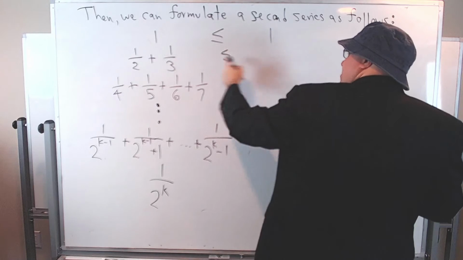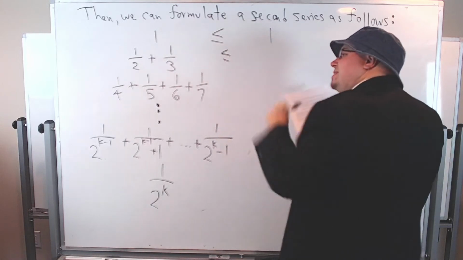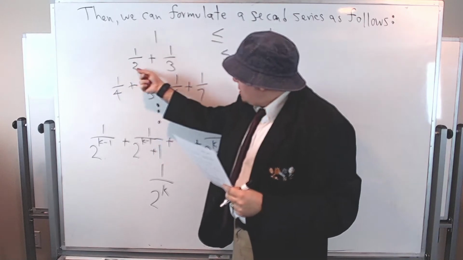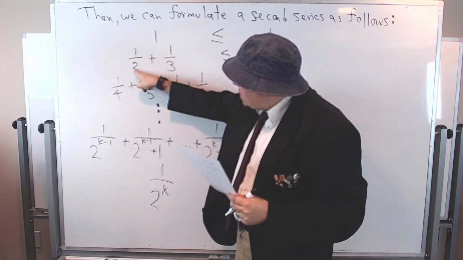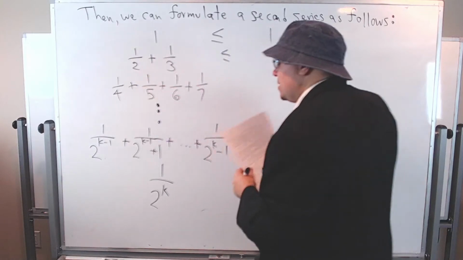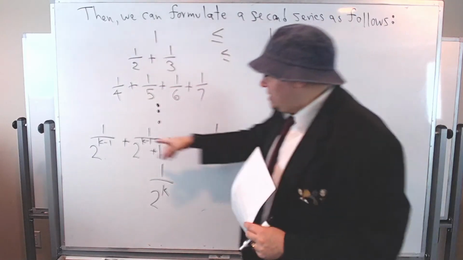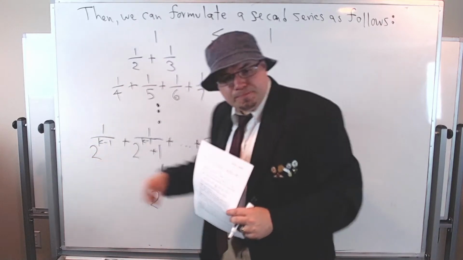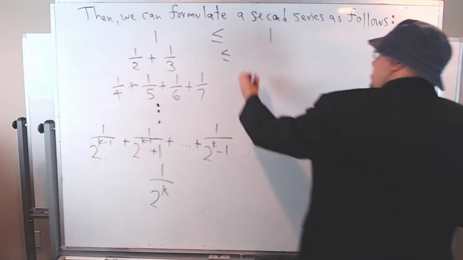So what can I say about this? What I'm going to do is, for each one of these groupings, I'm going to simply write each term in terms of the power of 2 in the denominator on the first term. So does everybody see that every single one of these first terms is going to end up being a power of 2 in the denominator? So I'm just going to write that out.